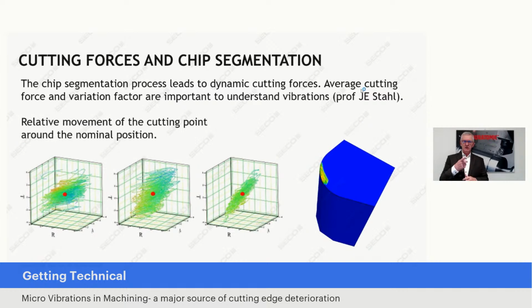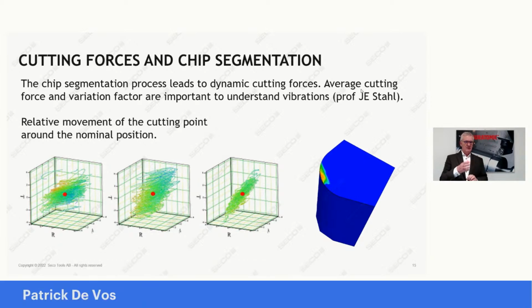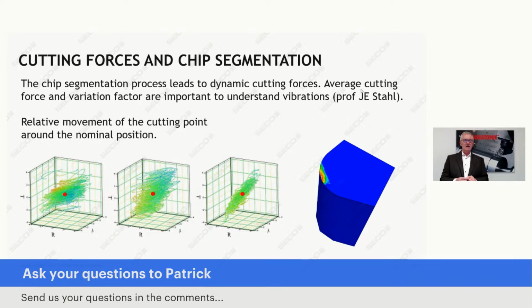Quite a lot of work here has been done by Professor Ståhl at the University in Lund, already since quite a long time, where he was looking at a cutting edge, a cutting point, let's say. What you see in the little diagrams are different types of tooling and different combinations of cutting conditions, and every combination of cutting conditions and tool, in theory, and that is the red dot, would give the same cutting force.